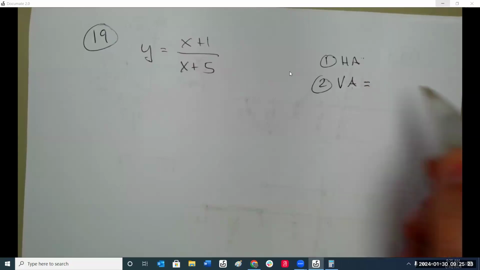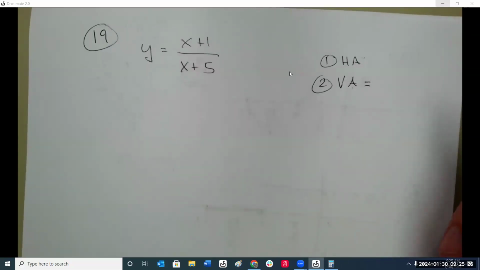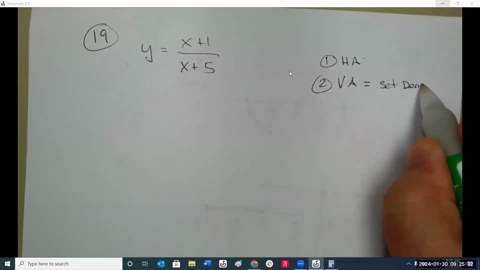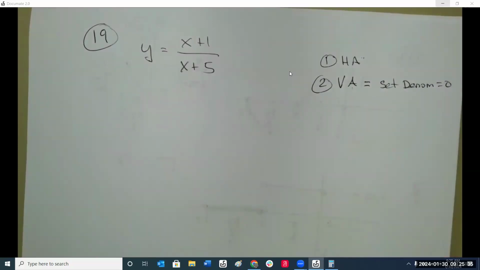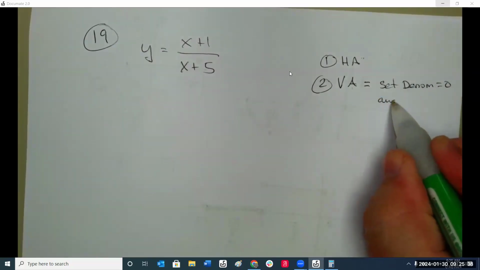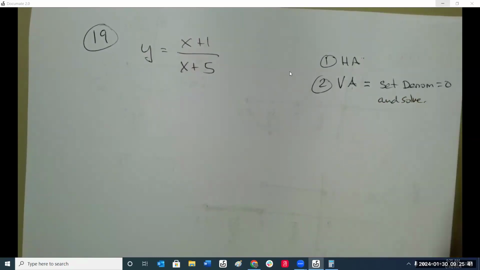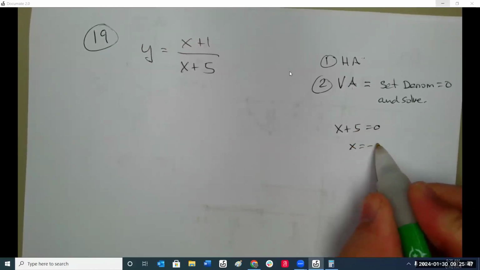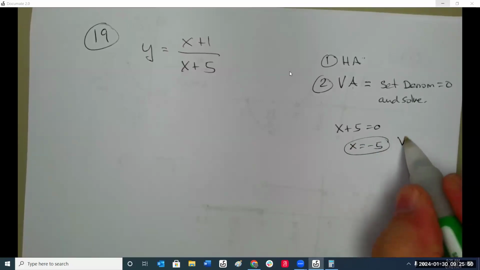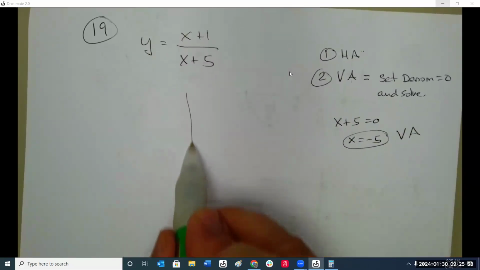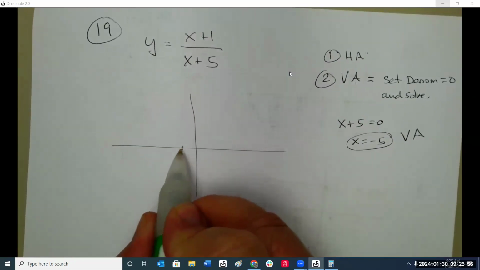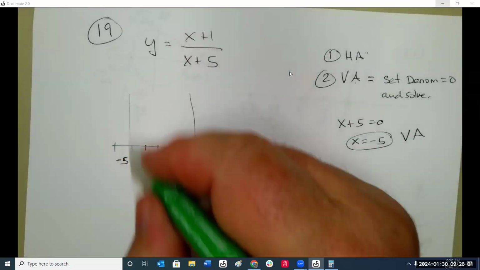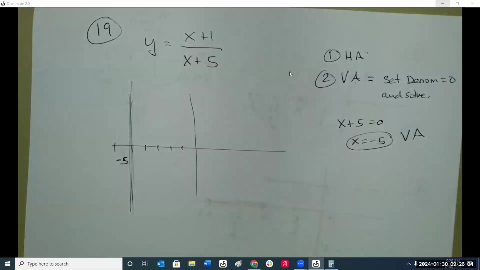How do you find the vertical asymptote? Set the denominator equals 0 and solve. So we have x plus 5 equals 0, so x equals -5. That's your vertical asymptote. So we know we have a vertical asymptote here.